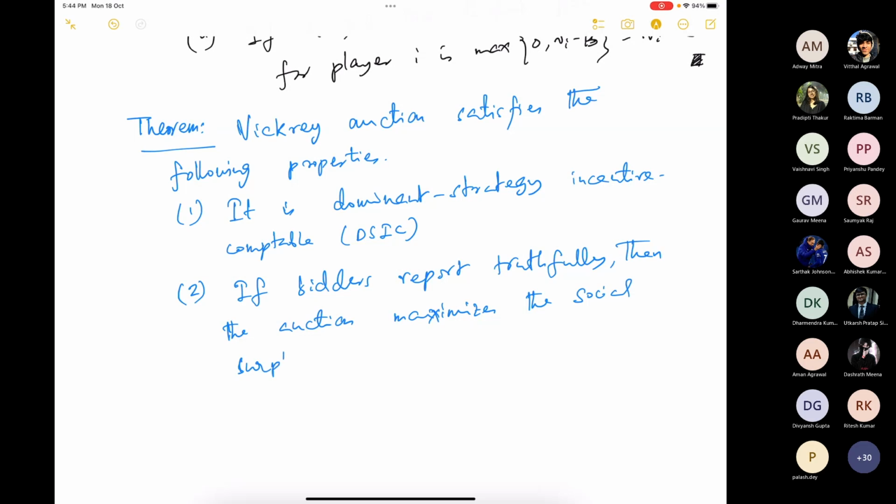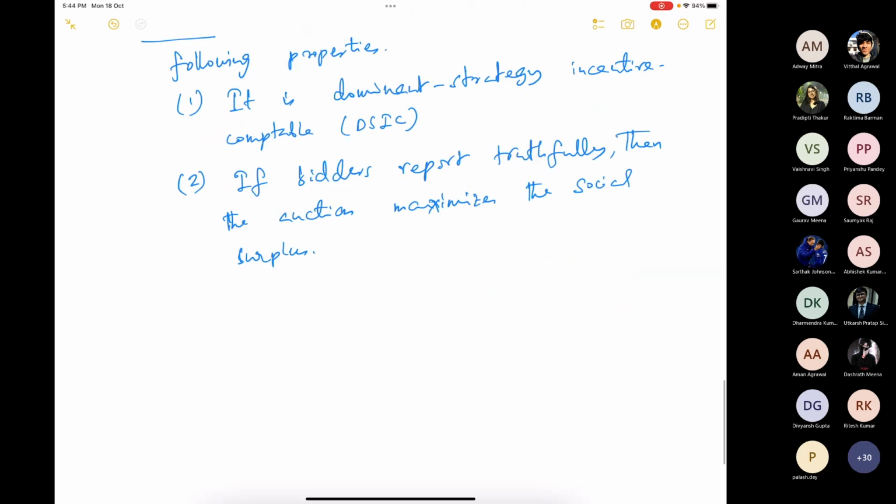What is social surplus? This particular quantity: the sum from i equal to 1 to n of vi xi, where xi is 1 if player i wins and gets the item and 0 otherwise, and vi is the valuation of player i.